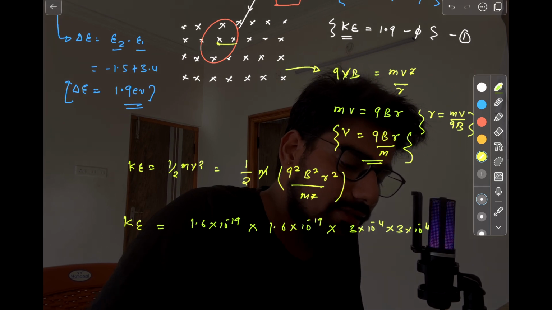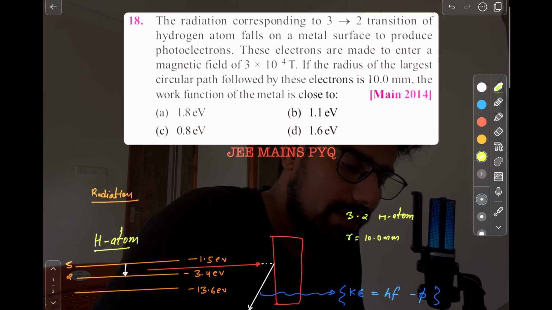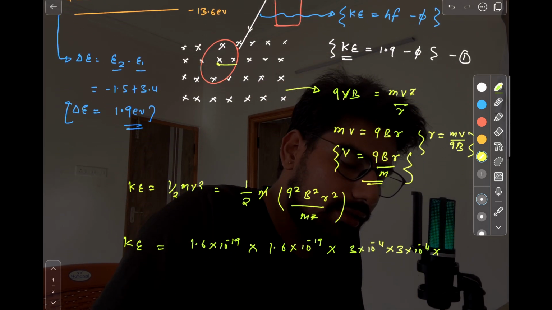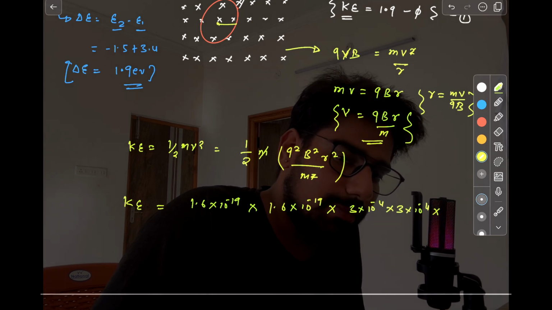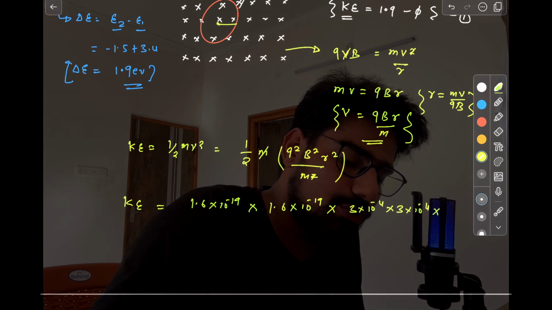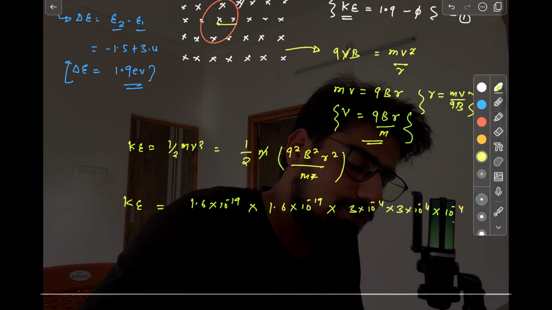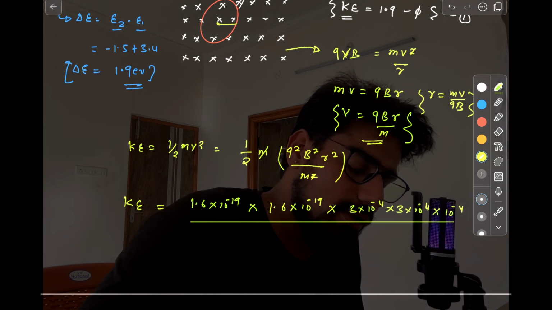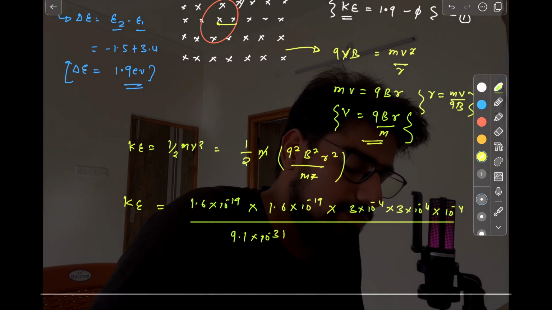Okay, and r is given as 10 mm, so that is 10 multiplied by 10 to the power minus 3, or 10 to the power minus 2, square becomes 10 to the power minus 4, right, divided by mass of the electron, that is 9.1 multiplied by 10 to the power minus 31. All right, so this is the value.